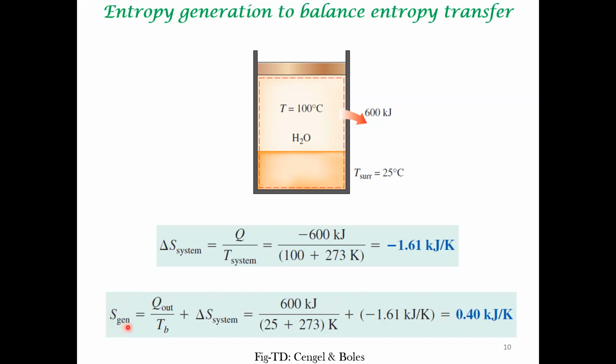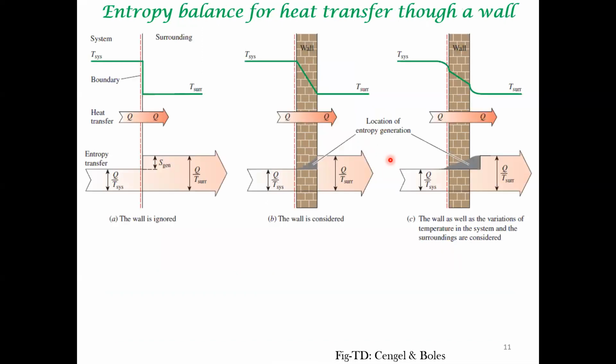So you have to be very clear what the reason for entropy generation is. It is an irreversible heat transfer. When is the heat transfer irreversible? When there is a finite temperature difference between the system and the surroundings. So that is the reason for entropy generation.